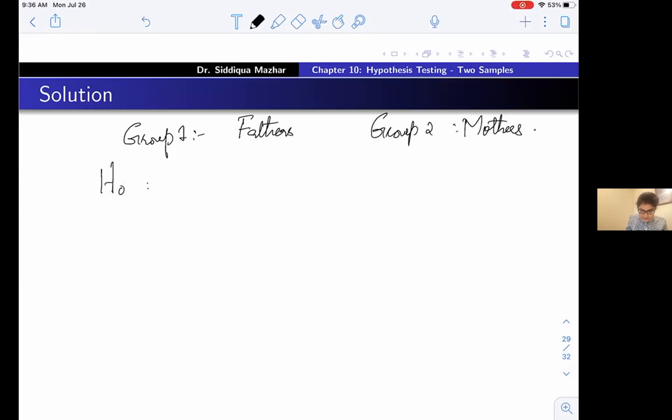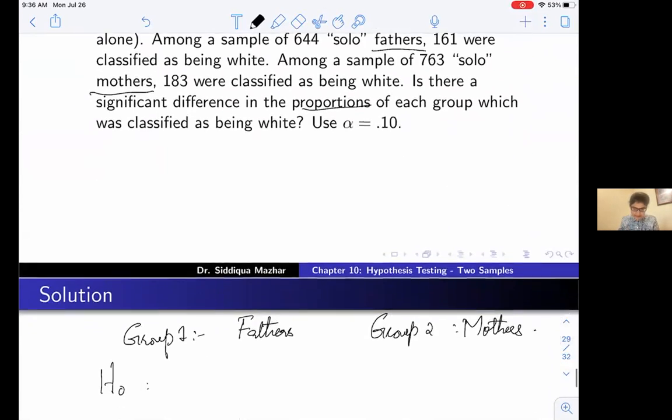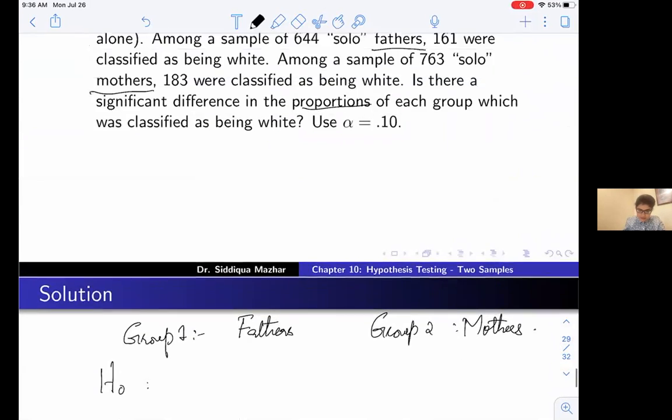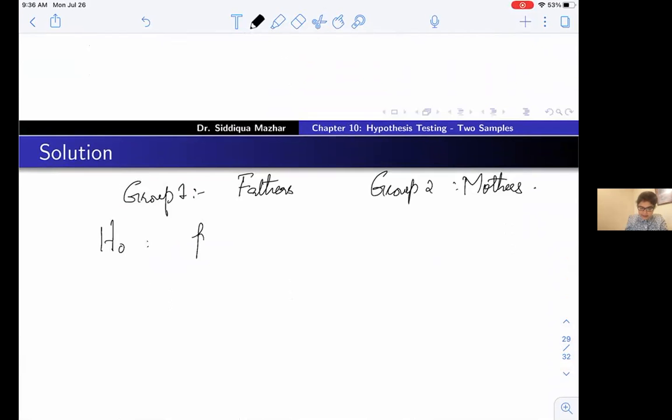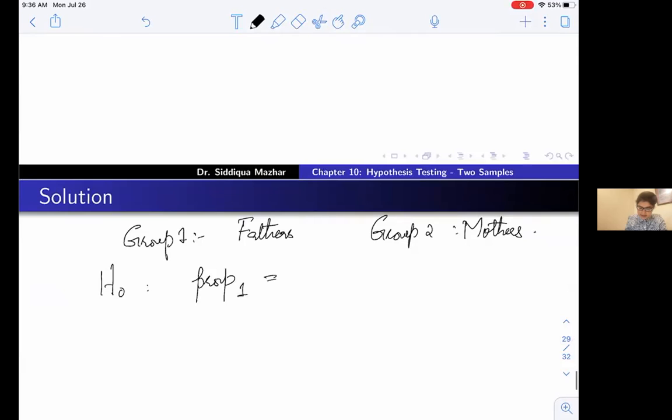My null hypothesis is that there is no difference in the proportion in each of these two groups that were classified as being white. So prop 1 is equal to prop 2.